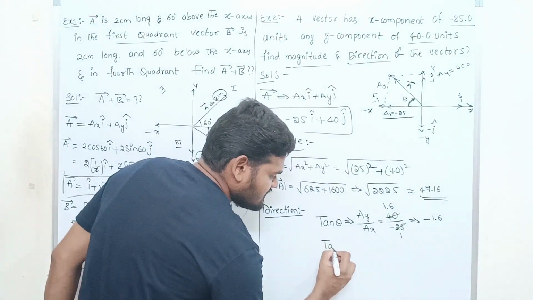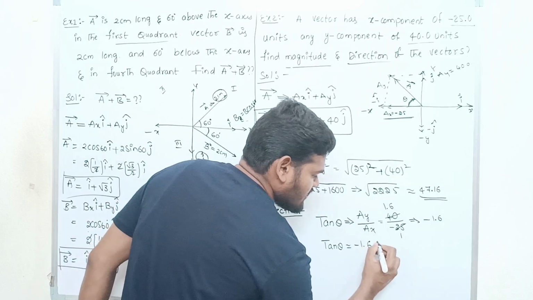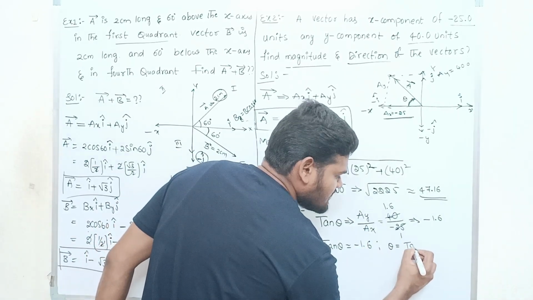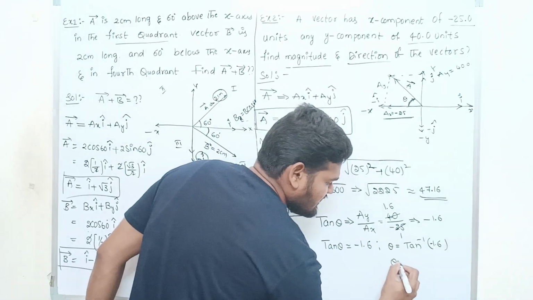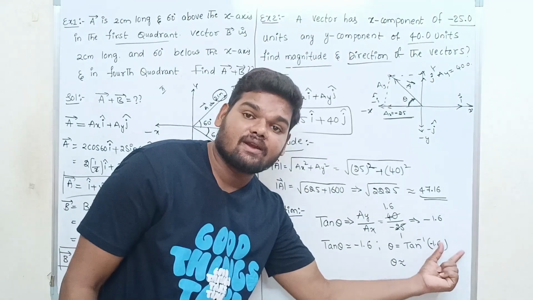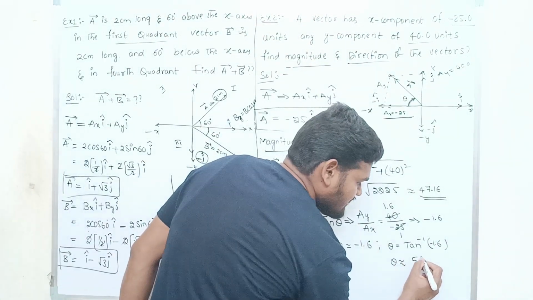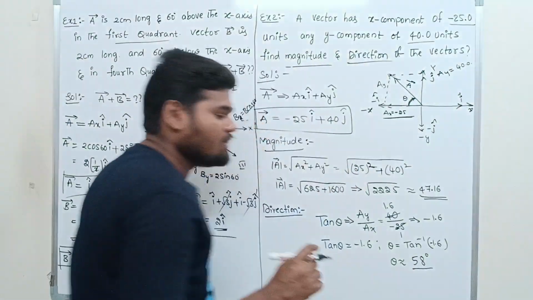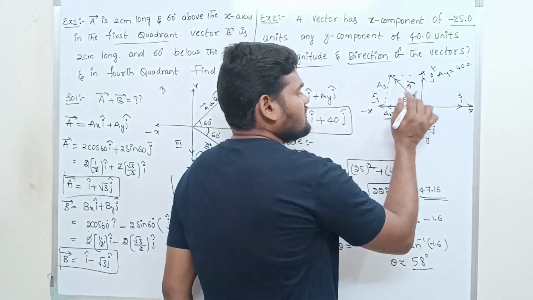So tan theta is equal to minus 1.6. Then theta is equal to tan inverse of minus 1.6, and its value is nearly equal to 58 degrees. So theta is how much? 58 degrees.